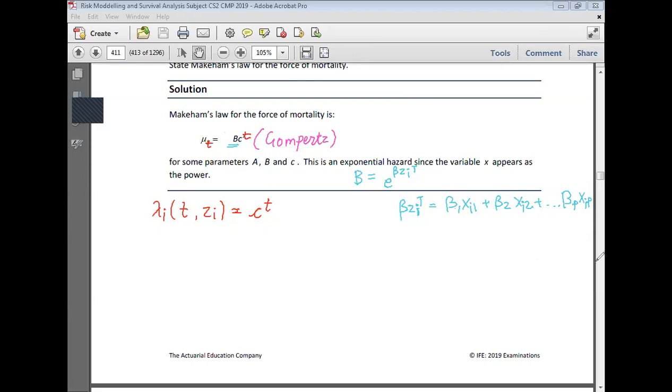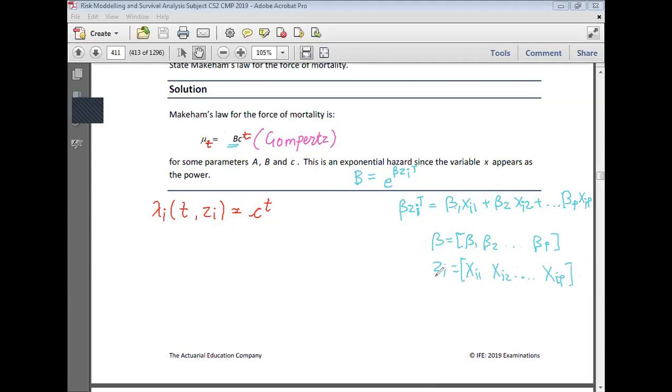I think it makes sense now that my beta is a row vector, beta 1, beta 2, and so on till beta p, and my zi is a vector with xi1, xi2, and so forth till xip.